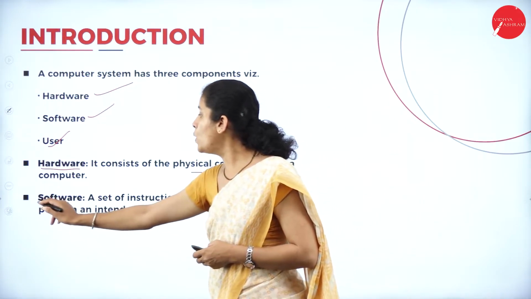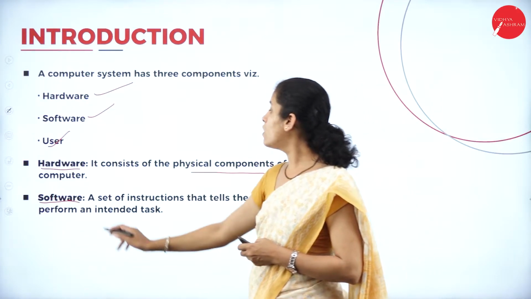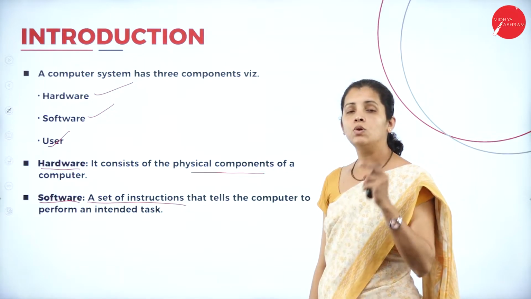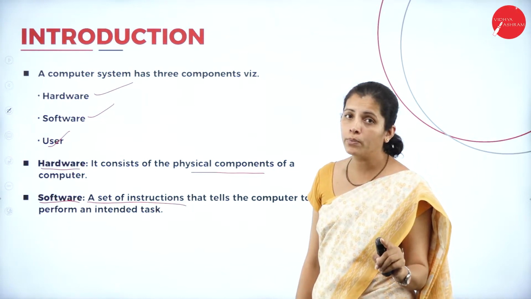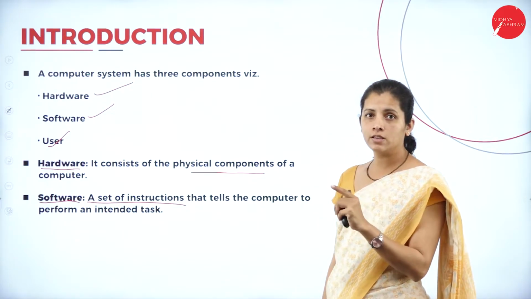And if I go with software, what is software here? A software is a set of instruction. It is nothing but a group of programs or collection of programs or set of instruction.